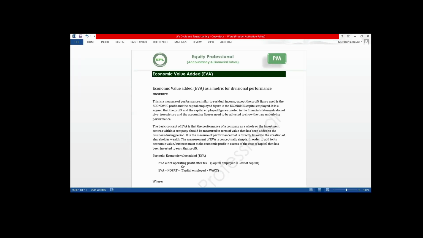You are only going to look at those items that created value to the business. In other words, items that involve cash flows. These are the items that we will consider when calculating economic value added. And let me add that economic value added is directly linked to the objective of shareholders' wealth maximization.